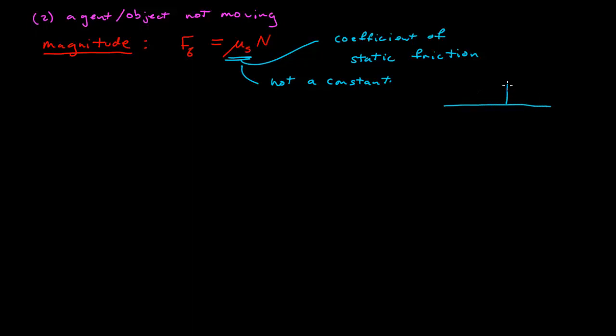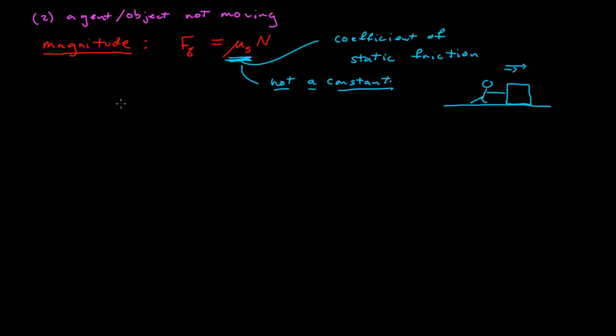Imagine if you have some sort of object and you're standing here pushing on the object, and you push on it with some small force and it doesn't move. Well, in that case, this coefficient of static friction has some value. Now you push on it with a larger force and it still doesn't move. The coefficient of static friction has in fact changed. So the coefficient of static friction is not a constant. It changes within the system, and it depends on all the other forces of the problem.